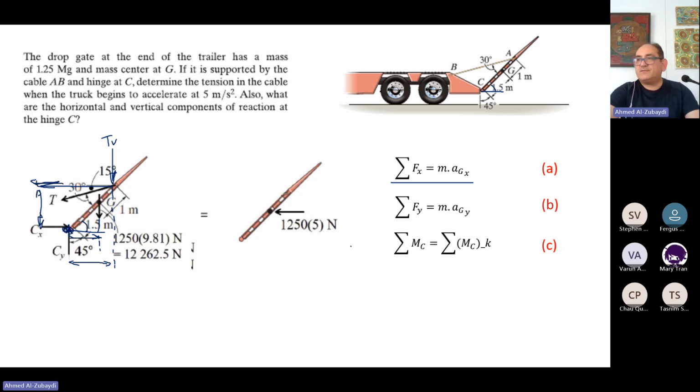Now we go into the kinetic diagram. It's going to be 1,250 times 5 multiplied by that height, and it's going to be positive. Then I can solve for the T. I will find the T, go to the equation we got for the relation between the Fy and the ma y to find the value for the Cy, and for the Fx, I will find the value for the Cx.